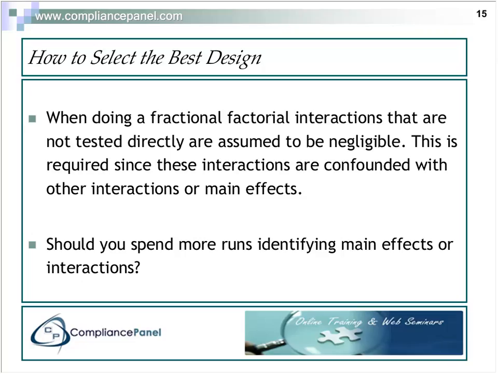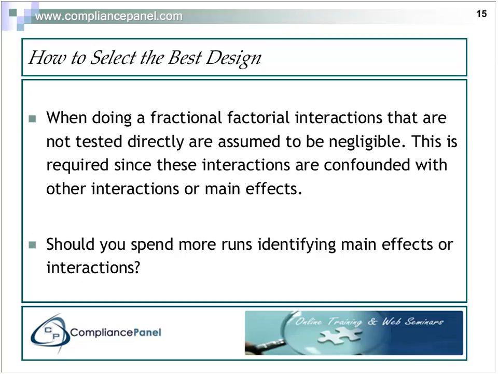If a factor is truly significant, it will show itself off. Its effect will be much larger than any of the interactions that it's confounded with. So if you truly have a good factor, it will show up. If it's a marginal one, it might not show up, and you know what?